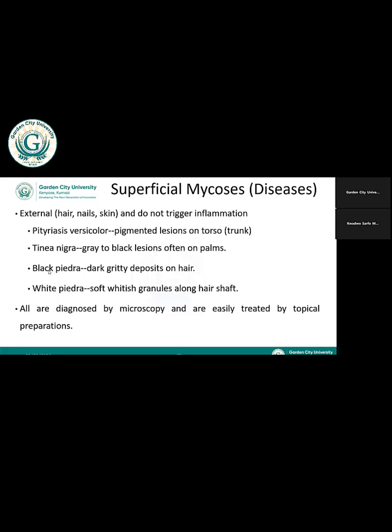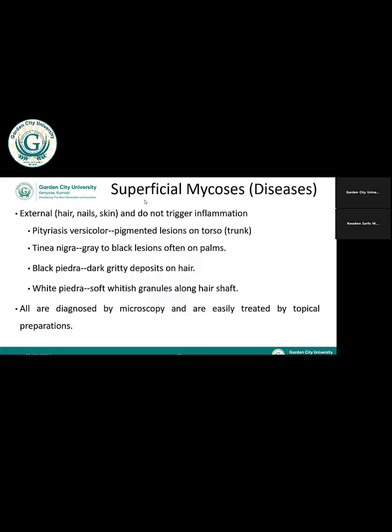You can have black piedra or white piedra, or piedra blanca, which is a result of dark or soft deposits on the hair. It could be white granules on the hair shaft as a result of fungal infections. And they are easy to diagnose.